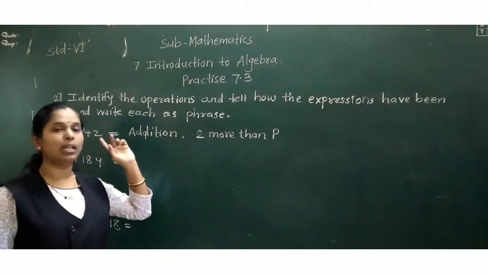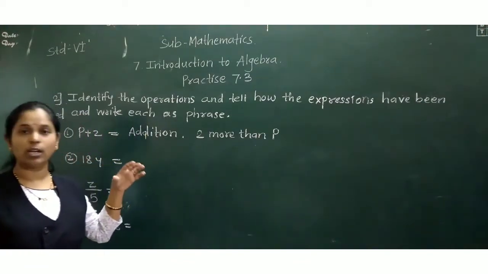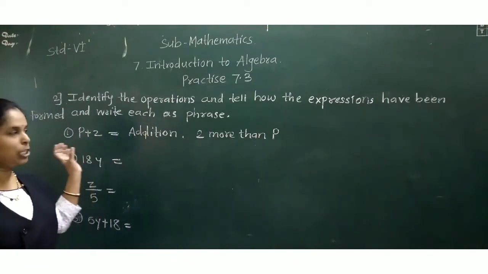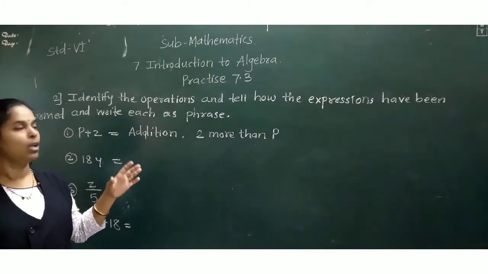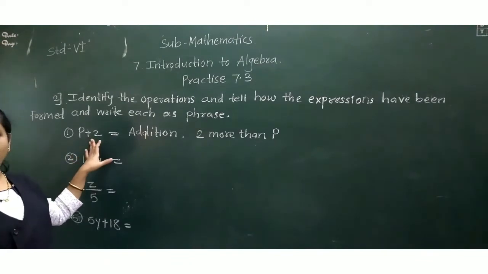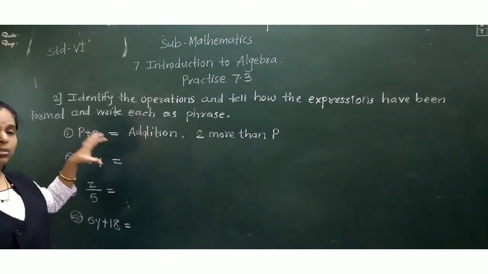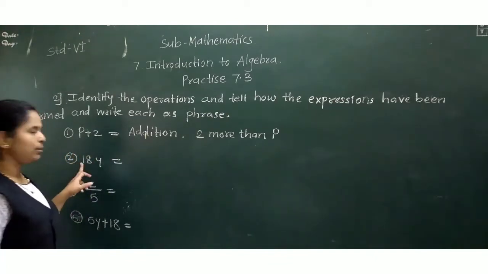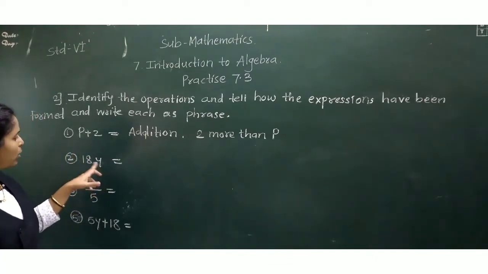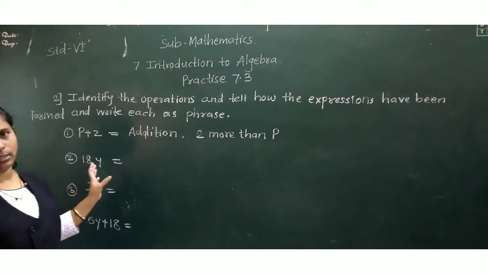Yesterday, in the previous video, we learned the buzzwords. For addition, you all know which buzzwords there are. So here addition is there. How to write it as a phrase? 2 more than p. Second, 18y. Can you see any sign, any operation?